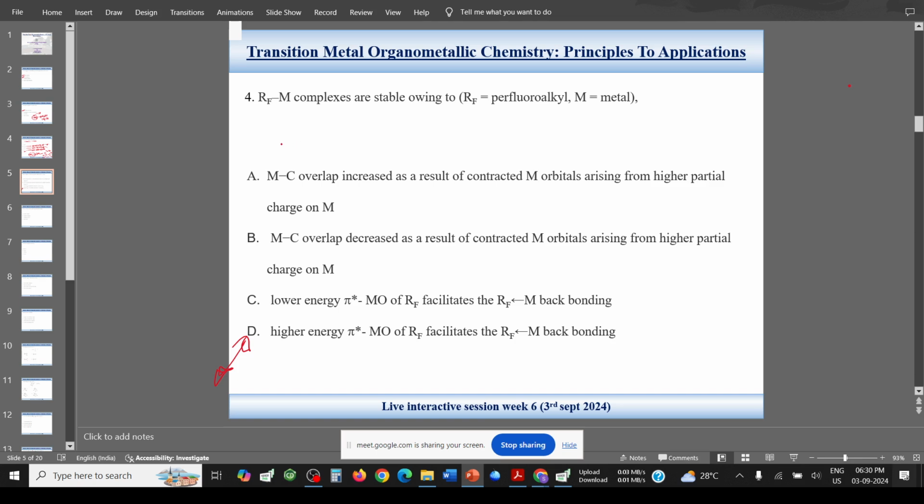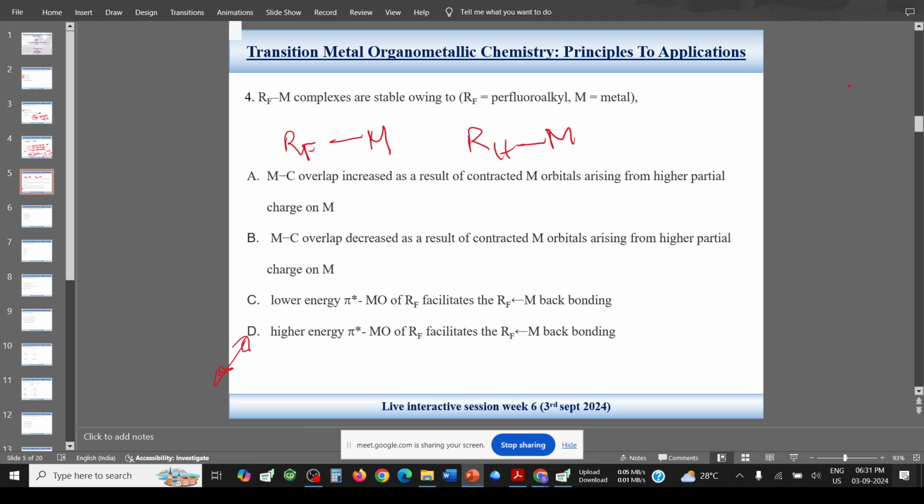So we have R_F-M. I have already discussed this in the last series also, and I have another, R_H-M. In both of them, there is a very interesting thing that happens.